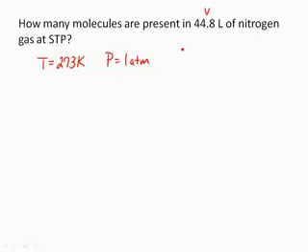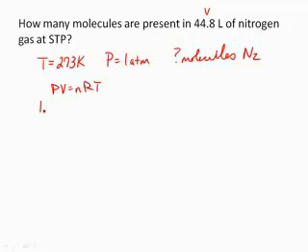And the question is, how many molecules of nitrogen? Okay, I have a volume, pressure, and temperature, so I can find my moles. So 1 atmosphere, 44.8 liters is n. That's what I'm trying to find.